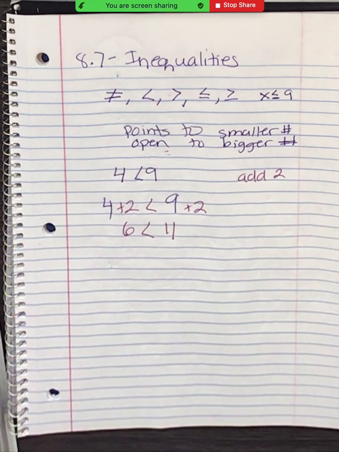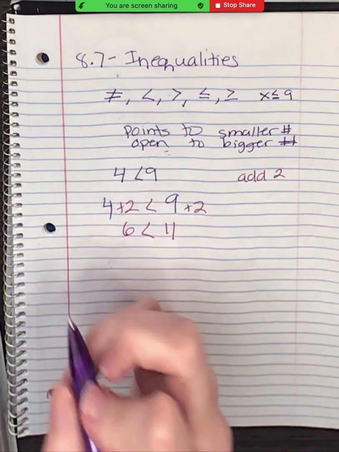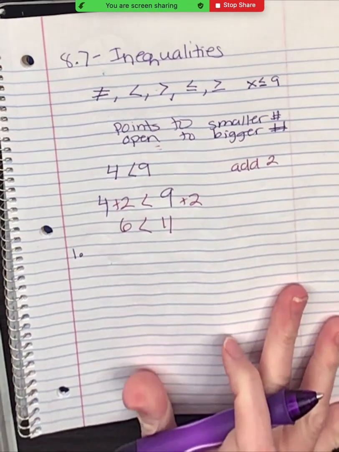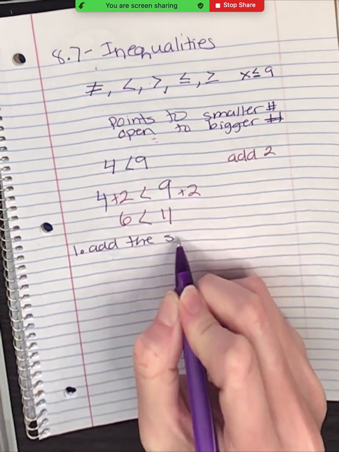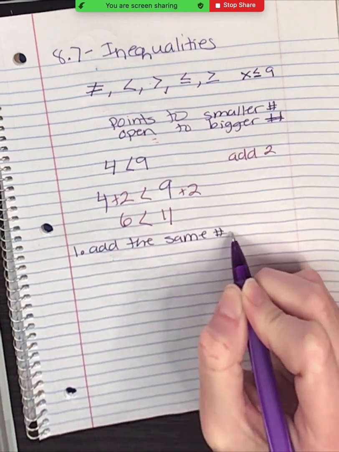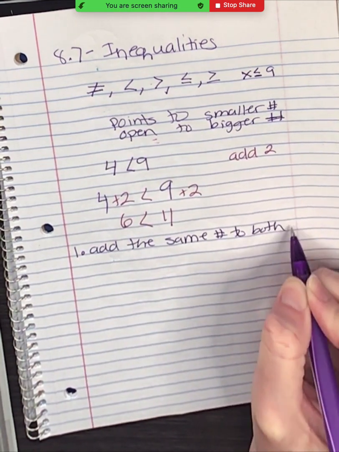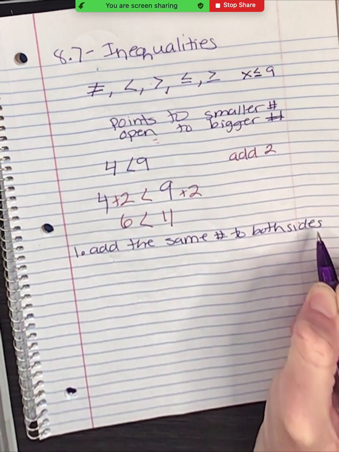So with solving inequalities, addition and subtraction are the same. You can add the same number to both sides, and your inequality does not change.